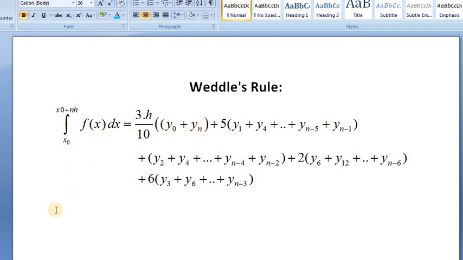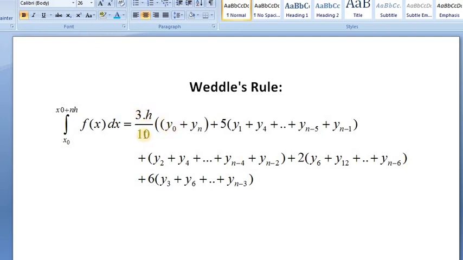Suppose I'm integrating from 0 to 6, then there are 6 intervals. So we have y0, y1, y2, y3, y4, y5, y6. If we are integrating up to 10, there will be up to y10. y0, y1, y2 are all called function values at particular values of x.